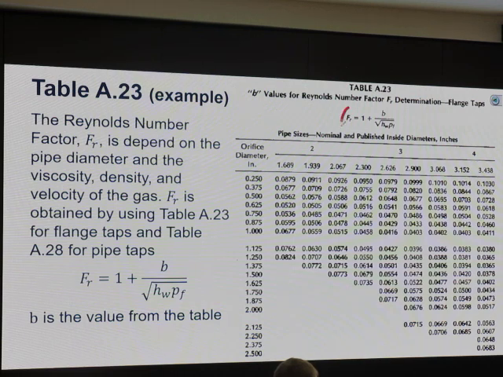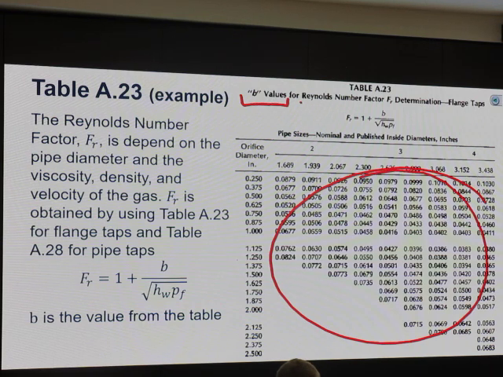So this is to calculate F sub r. F sub r is one factor of the C prime. So we need B and the square root of h_w P sub F. This is the B value for the Reynolds number factor. B value is from here. It's just reading the description of the table.